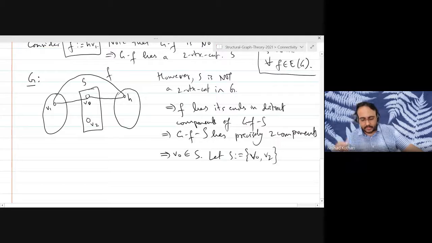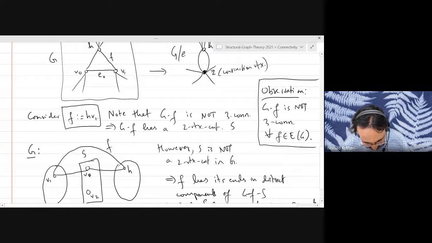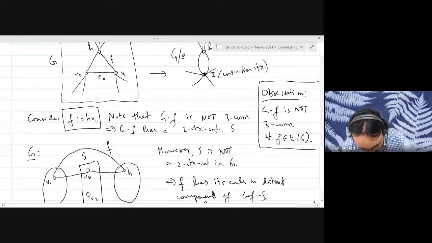Are there any questions at this point? Okay, good. If no questions, let us label the edges we have. V0 V1 is E0. H V1 is F. And then there is this edge HV0.